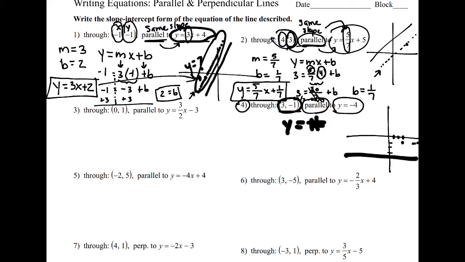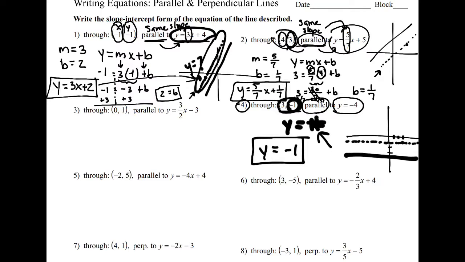It's going to pass through the y value that the coordinate has. So the coordinate has a y value of negative 1. That means the equation has to be y equals the y value of the coordinate, negative 1. Because remember, the equation is just y equals a number. Well, what number? The y value of the coordinate.